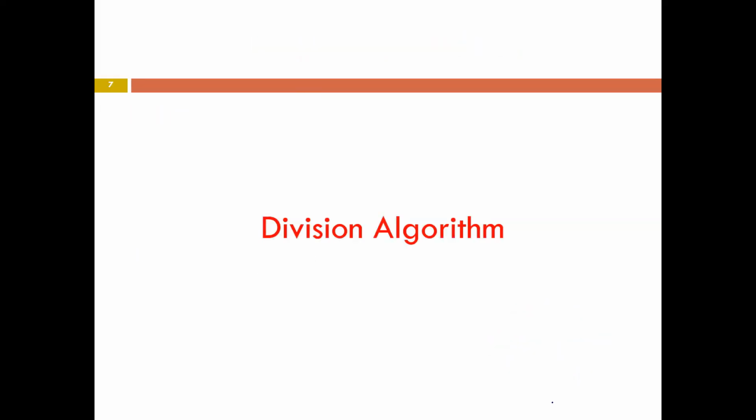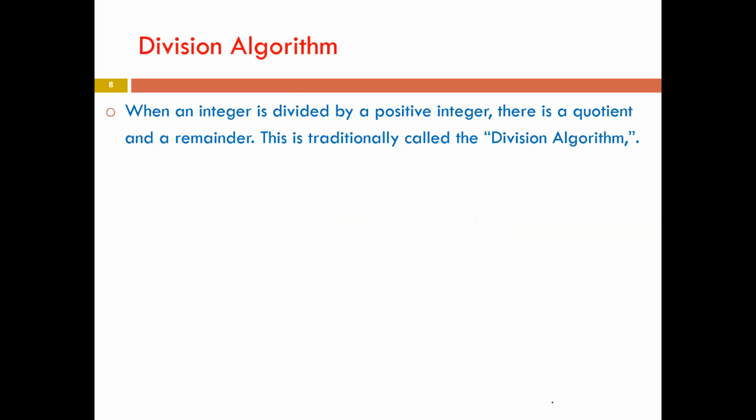The division algorithm. When an integer is divided by a positive integer, there is what we call a quotient and a remainder. For example, if you divide 17 by 3, the result is 5, but 5 times 3 is 15, and 17 minus 15 leaves 2.